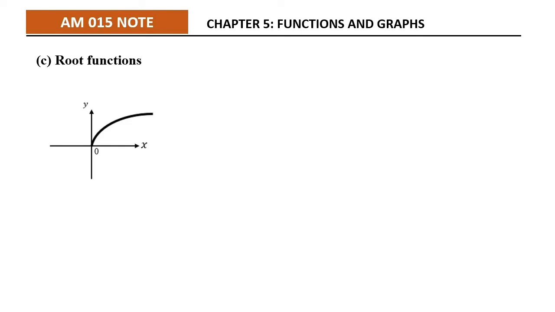Okay, root function, domain has starting point 0 to infinity. There is no graph below 0, so starting from 0 to infinity. And then range starts again from 0 and above, so there is no graph below 0, meaning range is 0 to infinity.